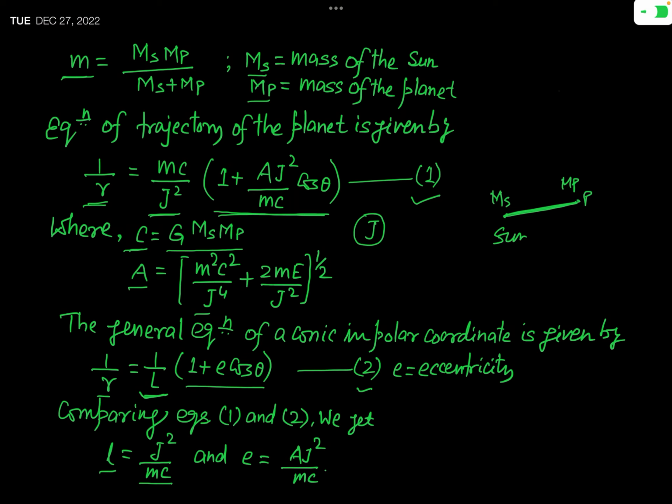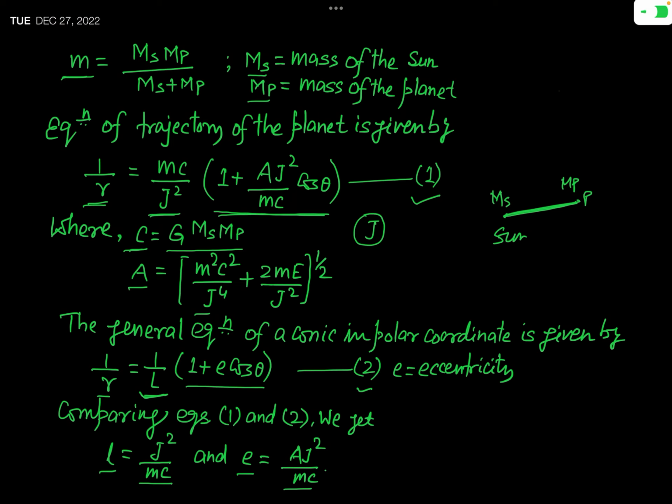And in place of the eccentricity e, in equation 1 there is A j square by mc. So this A j square by mc is actually the eccentricity of the orbit.